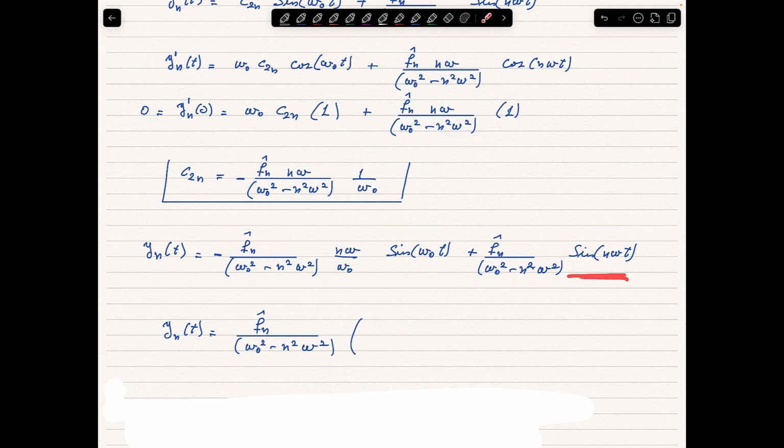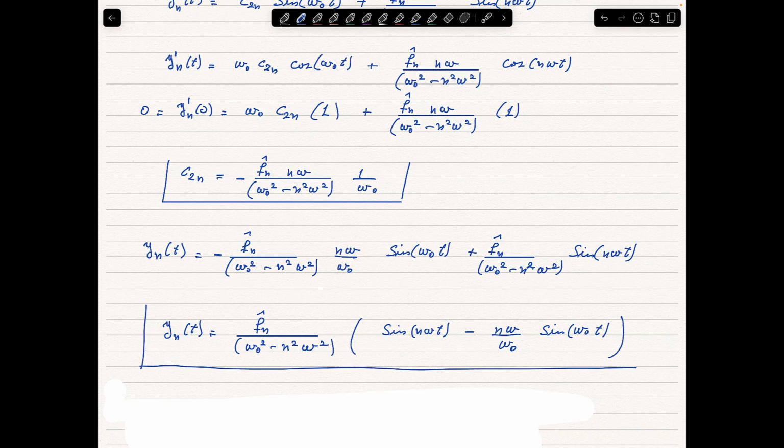I'm going to put it first because it's positive, so sine of n omega t. The second term is negative, so minus. We have this extra factor here, multiples of the driving frequency over the natural frequency, and then we have the sine of the natural frequency times t. And you can check that this function actually satisfies the initial conditions, both of them. So this is the solution we were looking for.